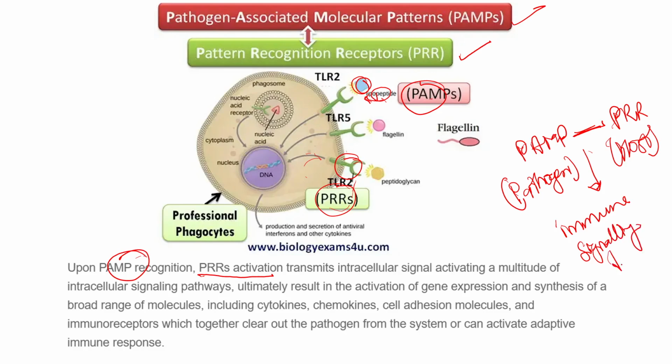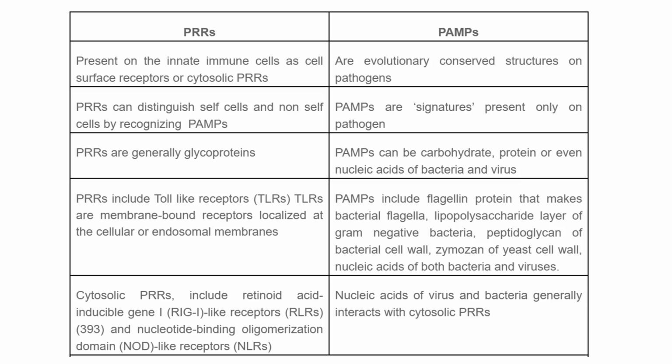The immune system will produce many chemical molecules like cytokines, chemokines, and many others, and it will kill the pathogen. So do not get confused between these two terms. The PAMP is present on the pathogens, not on the host cells, and the PRRs are the receptors present on the host cells.